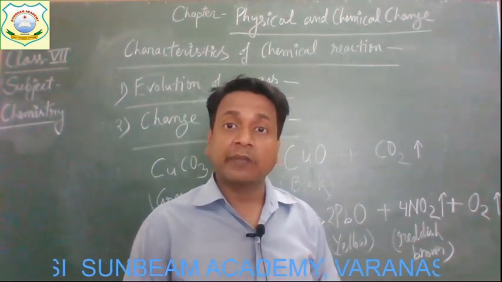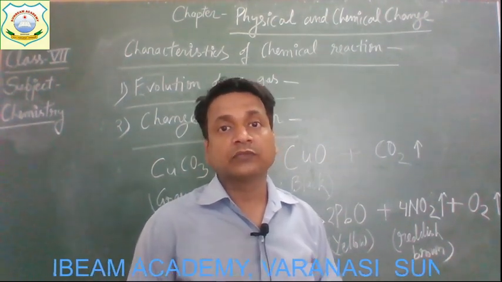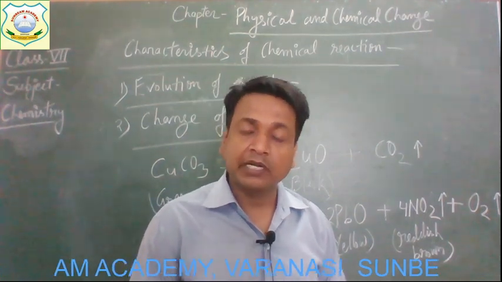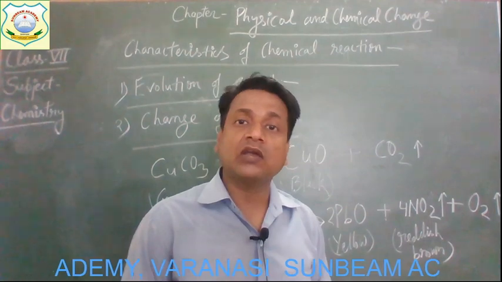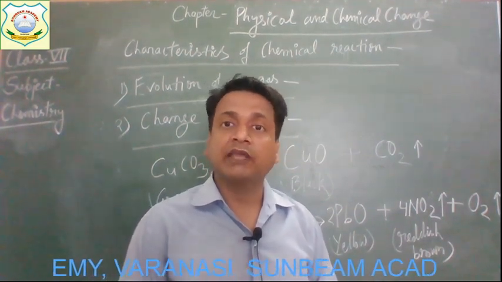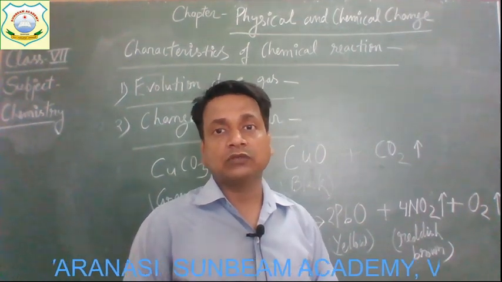And carbon dioxide gas extinguishes the flame when a burning matchstick is brought near the mouth of the test tube from which carbon dioxide gas is coming, so the flame goes off. That indicates carbon dioxide gas is being produced.